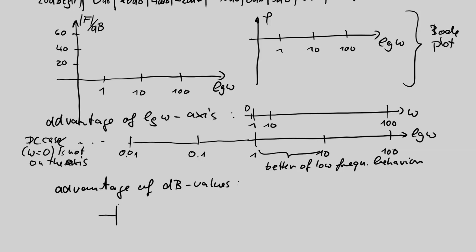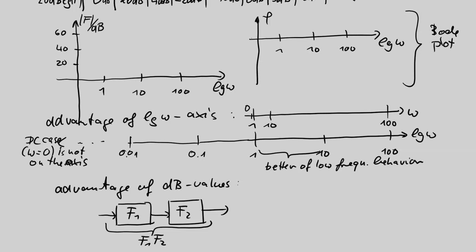If I have one filter, F1, and I have a second filter, F2, and I want to know the total behavior of a series connection, then we have learned in chapter 2 the total system function of a series connection is a product of the transfer functions.